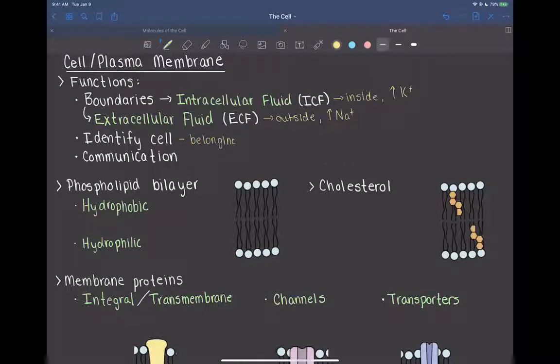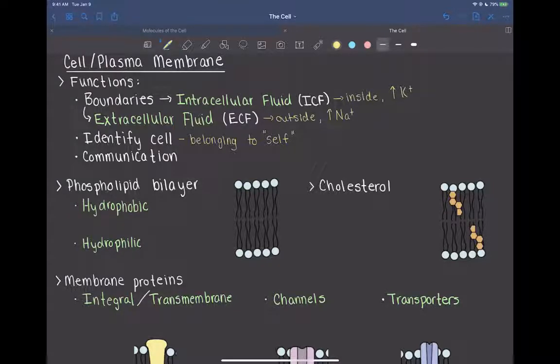So if you give somebody a transplant or a transfusion of blood, it has to be a match, and that's because your immune system is looking for these identifying markers in the plasma membrane that identify a cell as belonging to you, being a self cell.